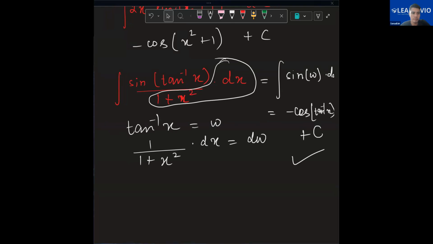Okay, now try this one. You know how to put the limits, है ना? आपको पता है? Limits कैसे put करना है आपको पता है?